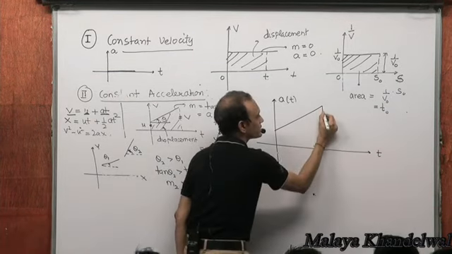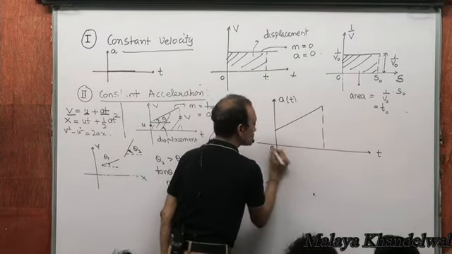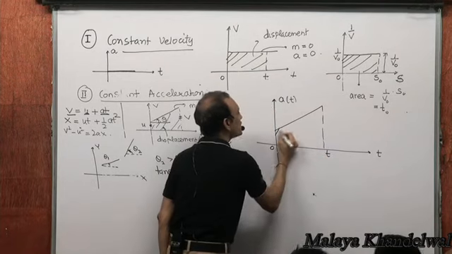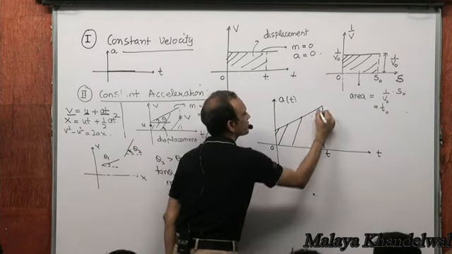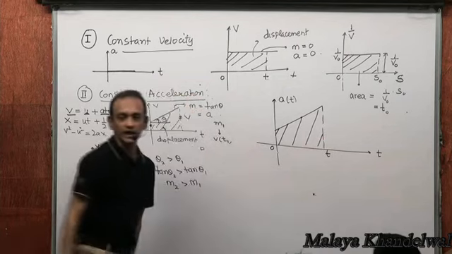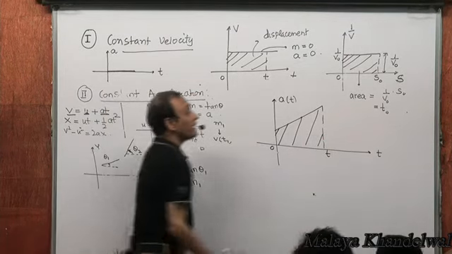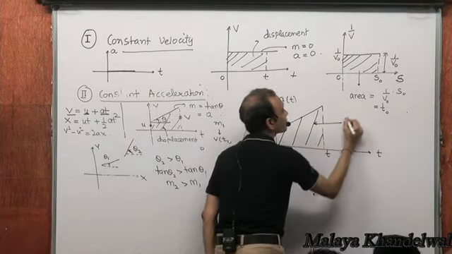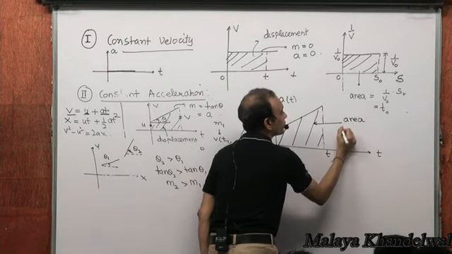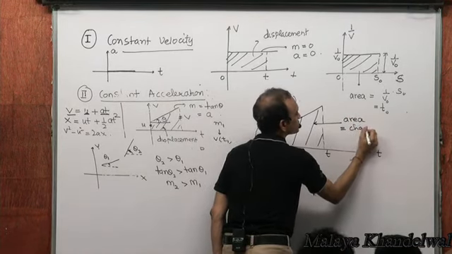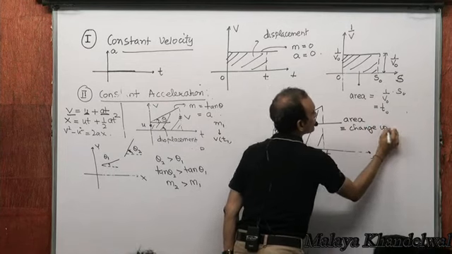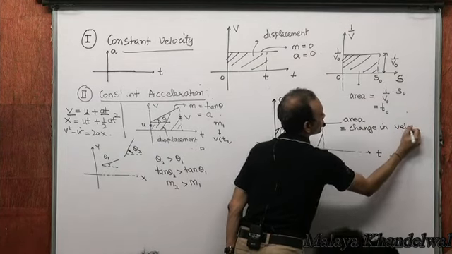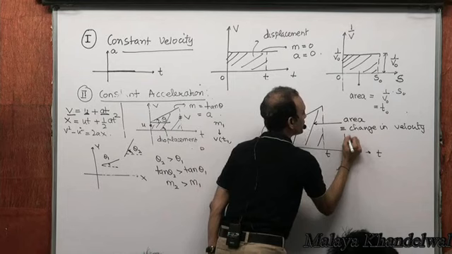So in a given interval, say 0 to t, this is the area under the acceleration time graph, right? And this area represents change in velocity in the given interval.